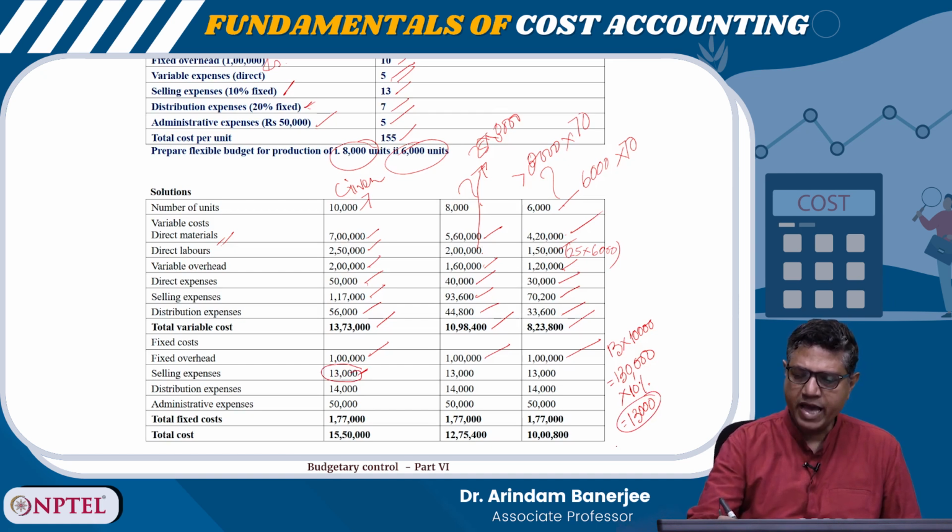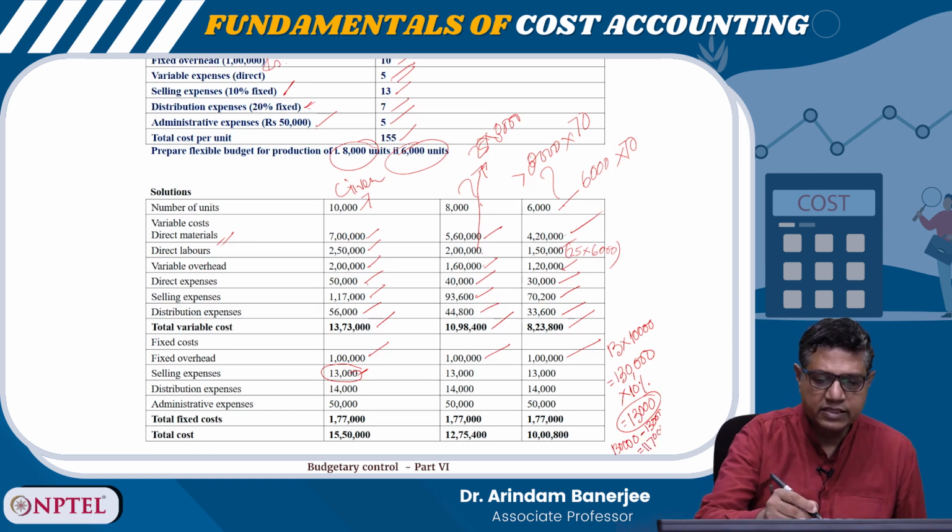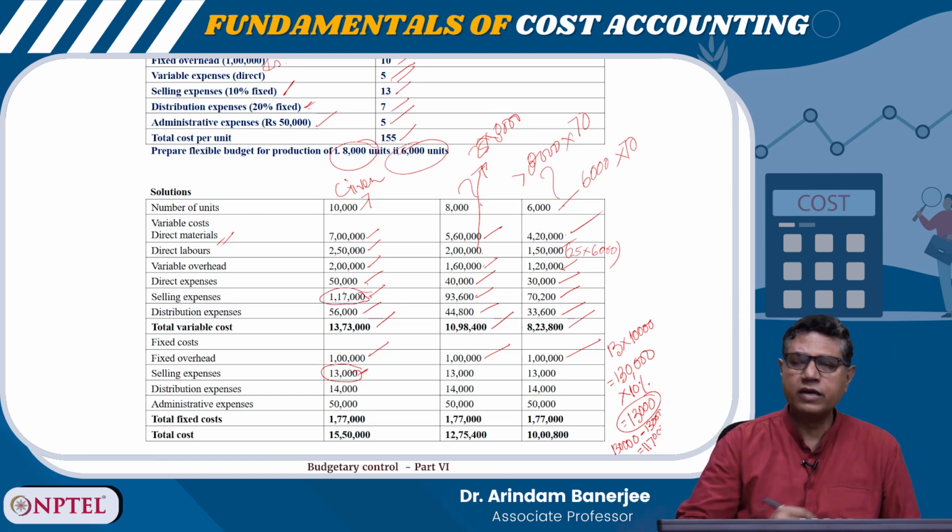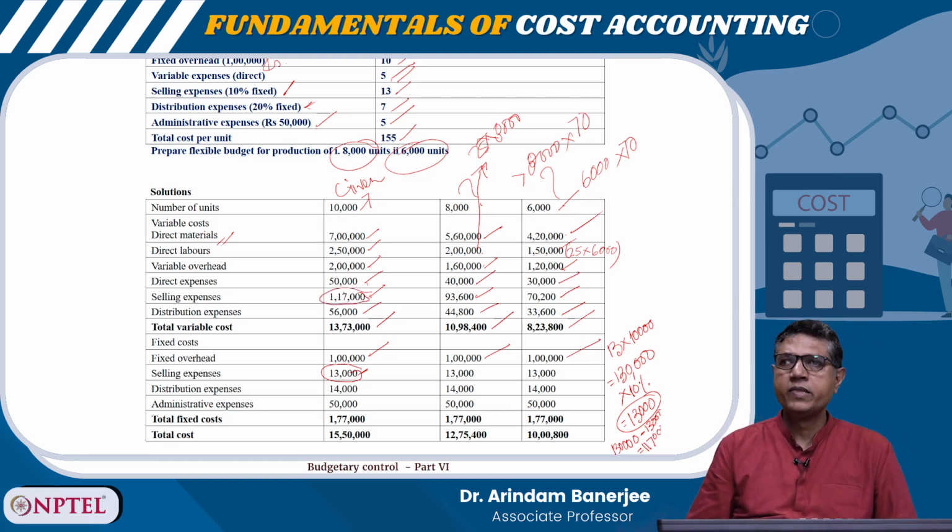So how much is variable? 1,30,000 minus 13,000 comes to 1,17,000, which is coming here for 10,000 units.